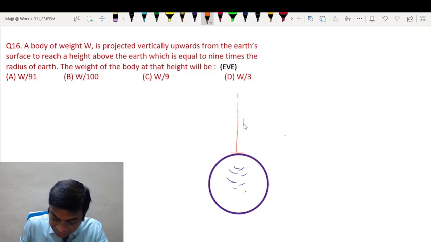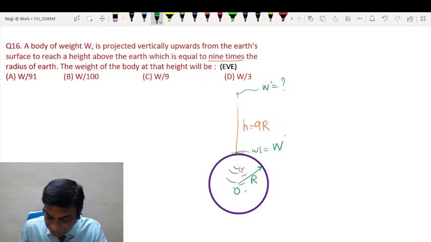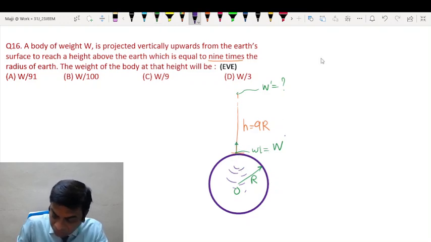The height is equal to 9 times the radius. At this height, we have to find the weight. I'll take this as W dash, whereas here the weight is given as W. Now, weight is equal to m into g.